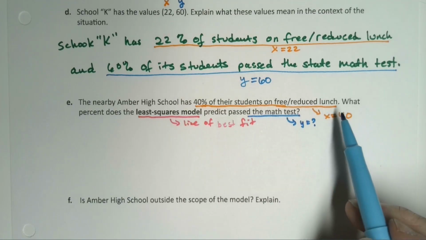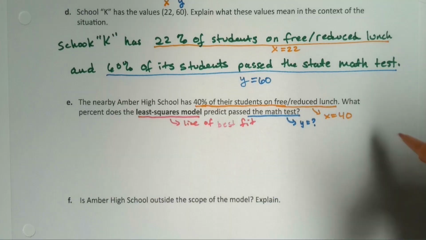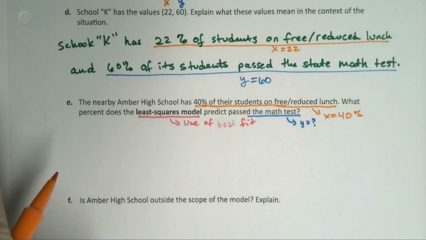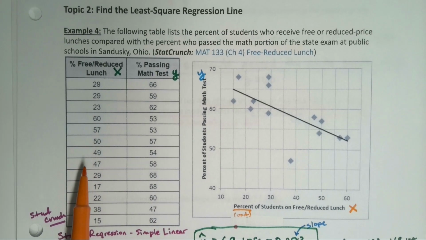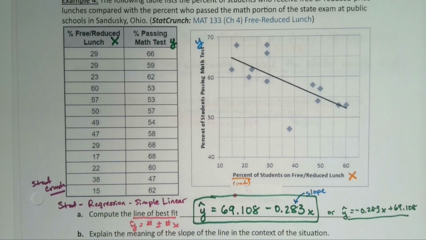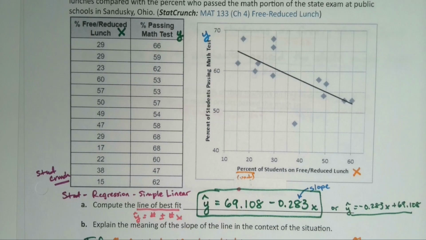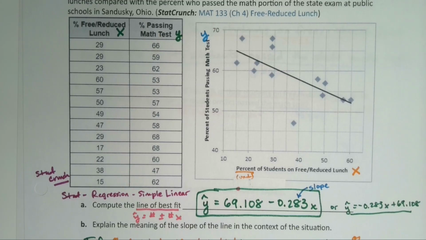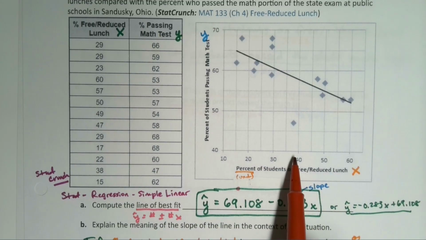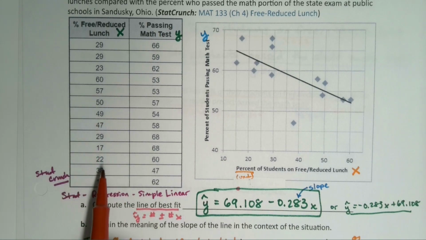We have to figure out, do we change the 40% to a decimal or do we leave it as 40? So let's go back and look at the graph and the table. You'll notice, and this is the one chapter where this is the case, the percents are actually left as percents. We don't rewrite them as decimals. This is the only chapter really that is true. So we're going to leave them as whole numbers because if you look at the graph or the table, they're left as whole numbers, not decimals.